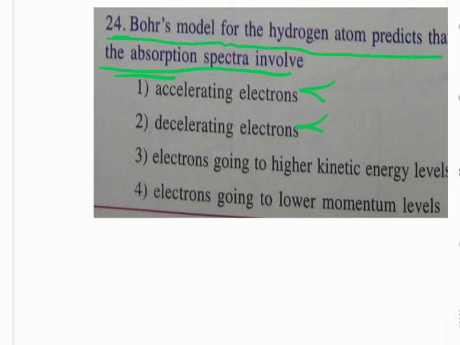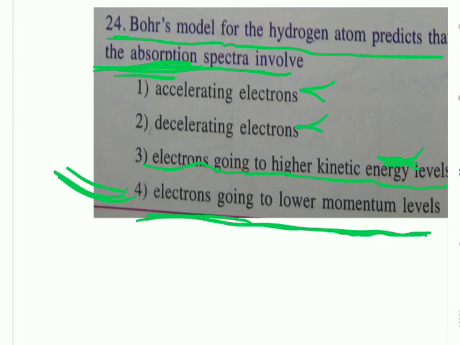Electron going to higher kinetic energy levels, no. According to the model, it is the absorption spectra, because electrons go to higher kinetic energy levels, so that is also wrong. Electrons going to lower momentum levels, right. The fourth one is the right answer. It is the absorption spectrum because the electron goes to lower momentum levels.